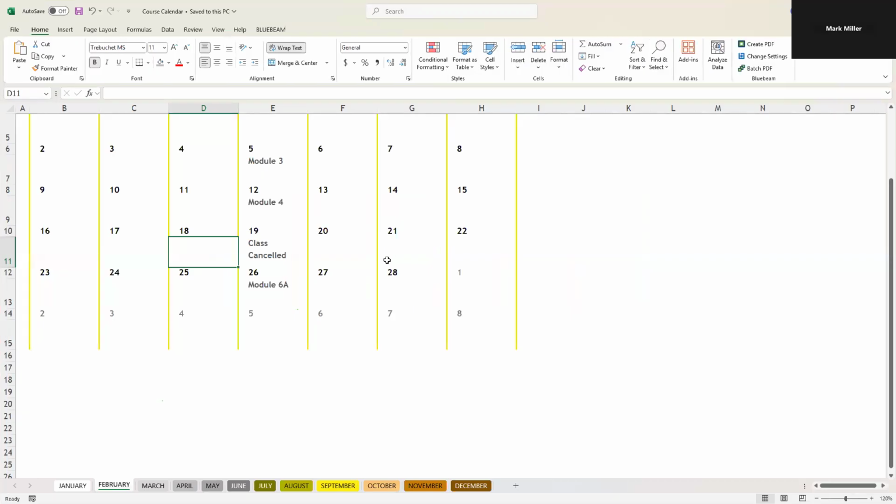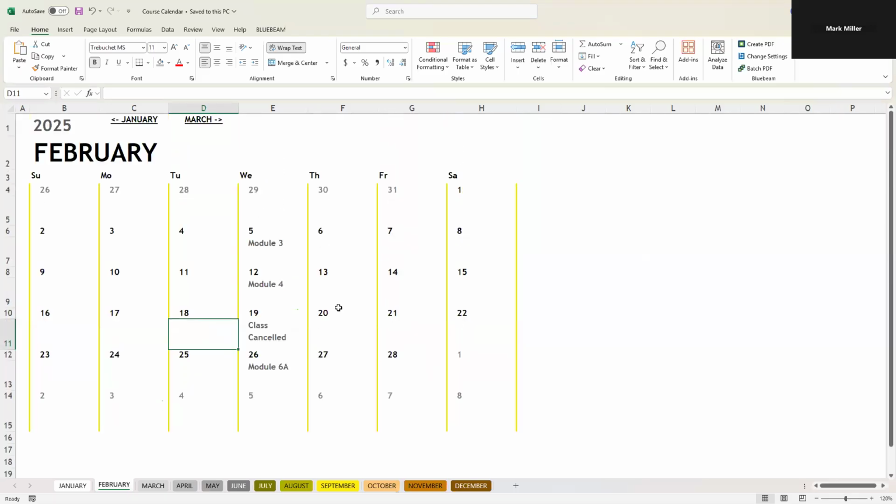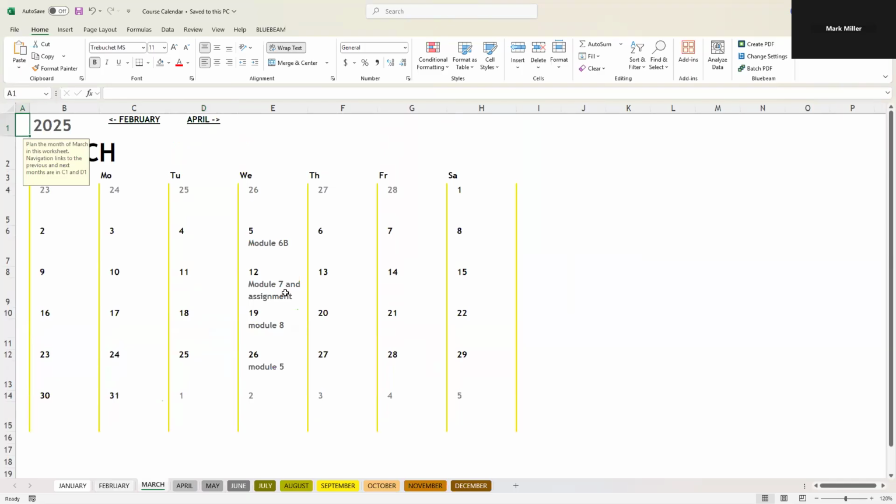There we go. So we've had to make some modifications a little bit. We're not in February, we're in March. So it's March 12th, and that was actually module seven. Well done, Mark. That was because I adjusted it. That was module seven and the assignment. Next week we're going to be talking about module eight. The 26th we're going to be talking module five because we haven't talked about that one yet.